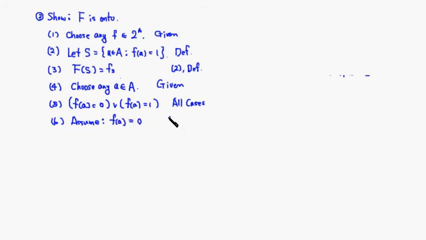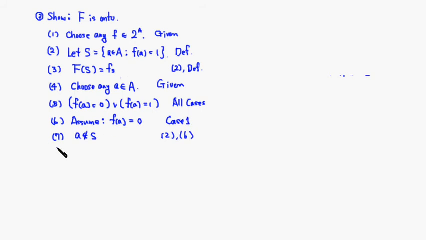So I'm just looking at case 1. 7, if f of a is equal to 0, which means that a does not belong to S. So I'm just using the definition, line number 2 combined with line number 6.